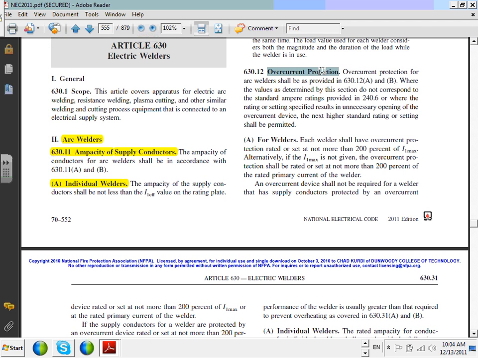Can you guys see that one here? Overcurrent protection device for welders, either A or B. Okay, so where the rating would result in unnecessary opening, the next higher standard. I want to highlight this one here. The next higher standard only can be used if it keeps opening. Right here. The next higher standard only if it keeps opening, you use it. Only.